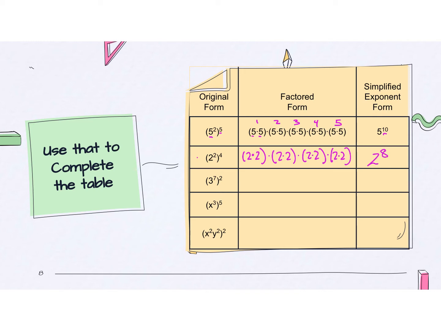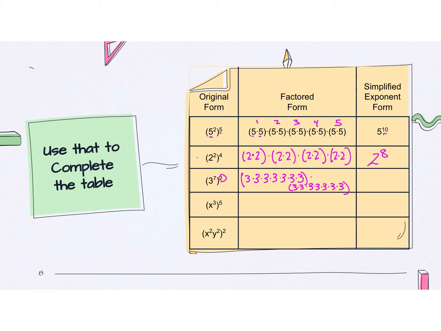Okay. So now I have 3 to the power of 7, and then I have 2 groups of that. So I have 3 sevens, yep. 1, 2, 3, 4, 5, 6, 7. 1, 2, 3, 4, 5, 6, 7 times, I'm going to put it down here because I won't have room. 1, 2, 3, 4, 5, 6, and 7.